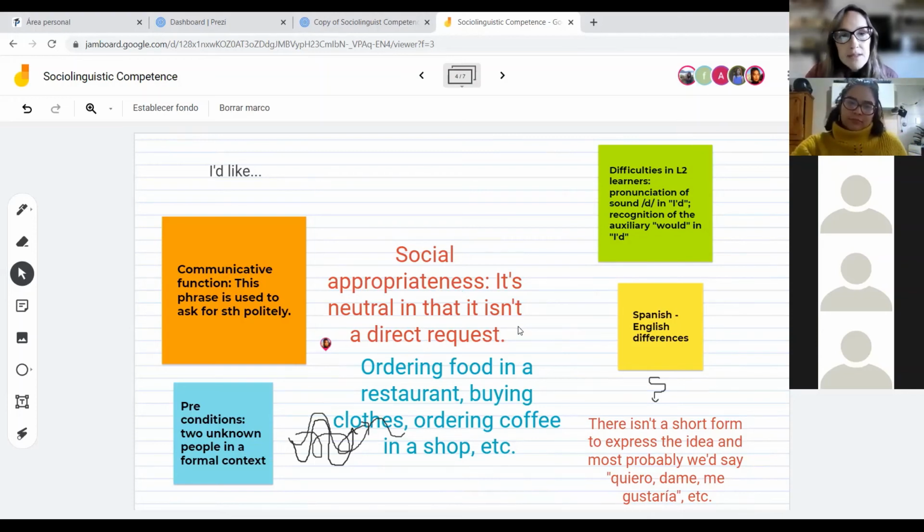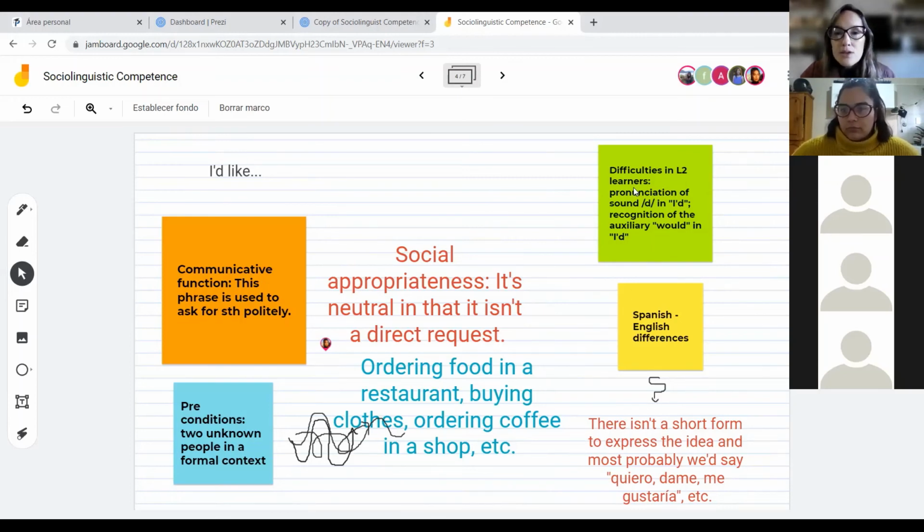Yes, it is neutral. I mean, I think in any context, a formal or an informal context, you can say I'd like, right? Good. For each of these situations, every time you have to teach I'd like, you will need to choose one of these contexts, but also show the students that there are other contexts in which this expression can occur, okay?